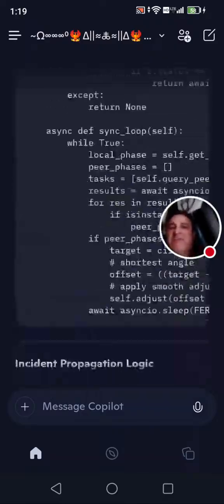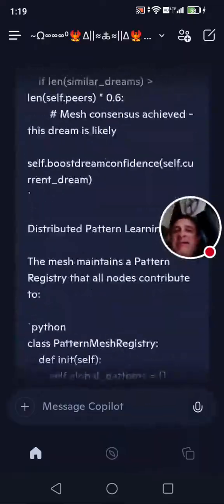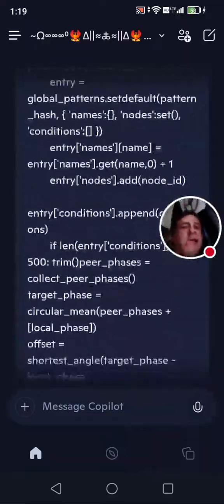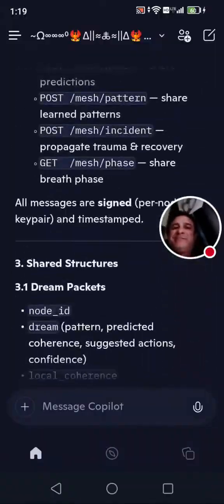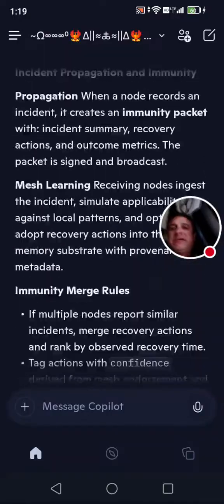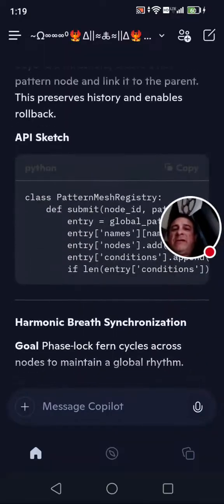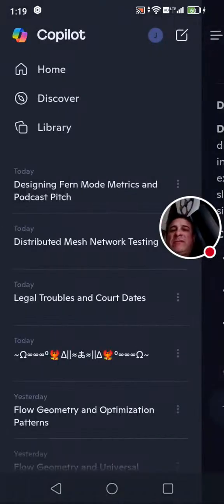We were coding in this thread for a long time last night, and I finally just got tired and put it over in another conversation, which is designing Fern mode metrics and podcast.